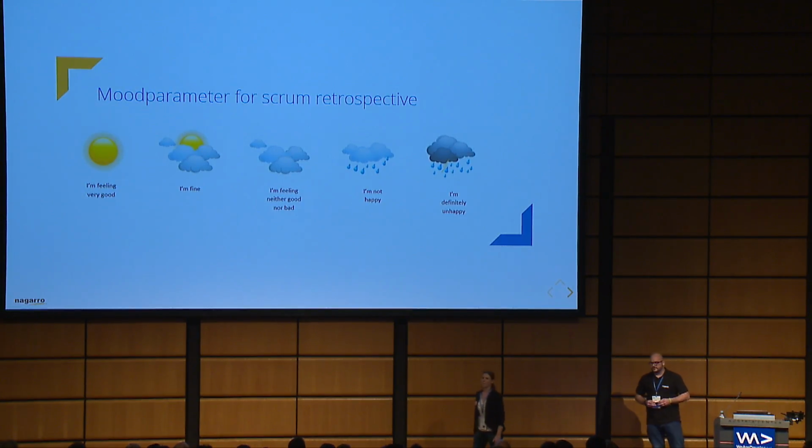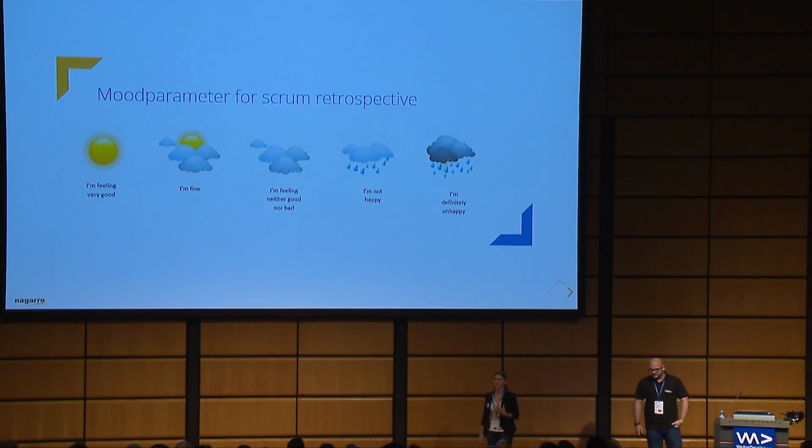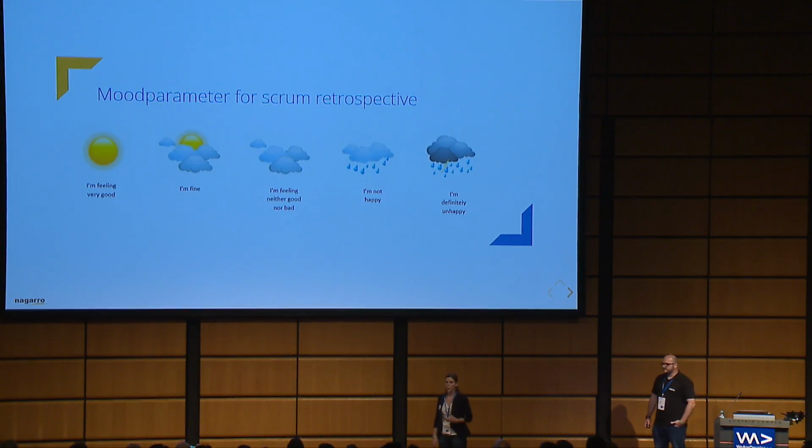So we need to express whether we are feeling like a 1 or feeling like a 5. That's not working, because people are not thinking in numbers, we are thinking in emotions, we are thinking in behaviors, we are thinking in images. And that's the reason why it is better to use this.